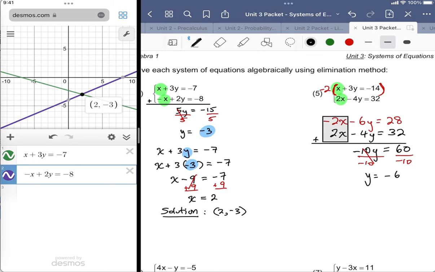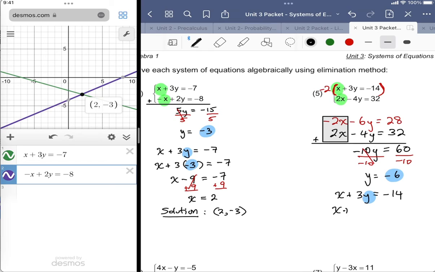I need the corresponding value of x. Just a simple matter of choosing one of the two equations. So whichever one you like. The first one actually in this case looks a little simpler than the second one. But we'd have x plus 3y is equal to negative 14. I'd be replacing my y with a negative 6.